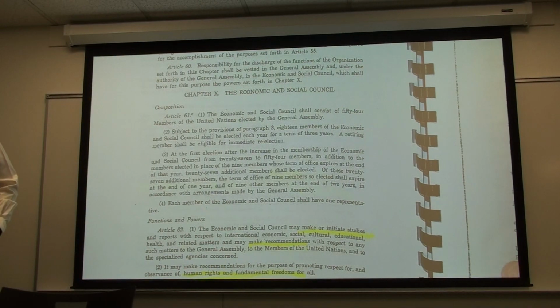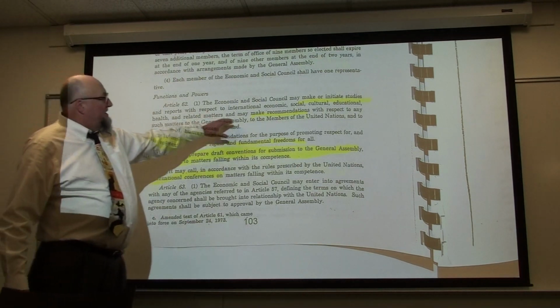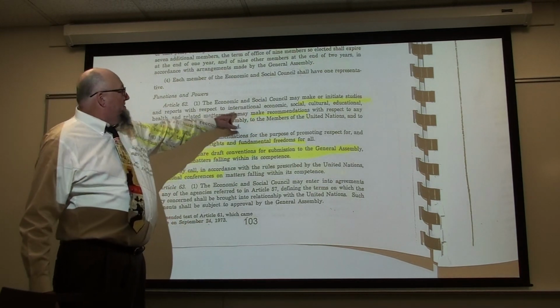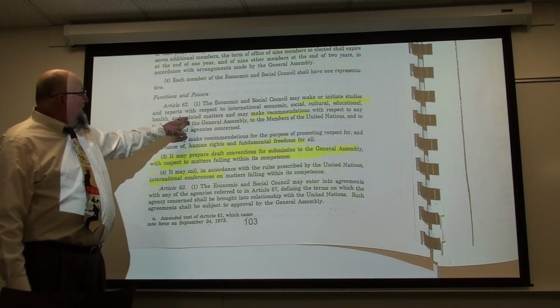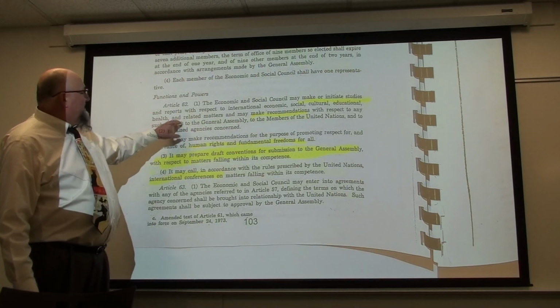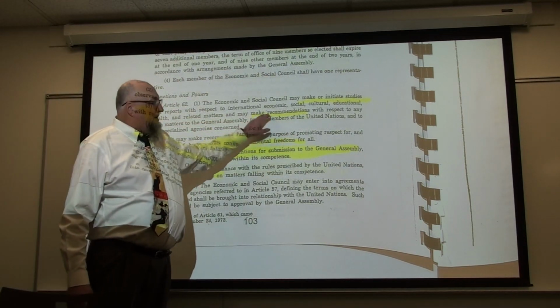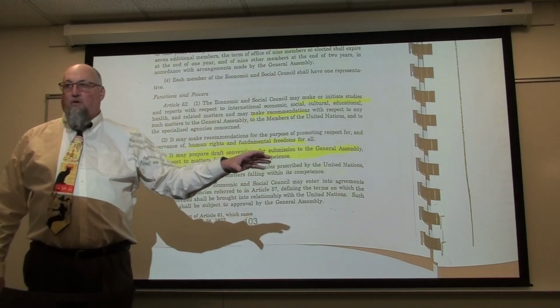And again, down below here in Article 62, that phrase again: the Economic and Social Council may make or initiate studies and reports with respect to international economic, social, cultural, educational, and related matters, and may make recommendations. There's that term again. We saw that term with the General Assembly.